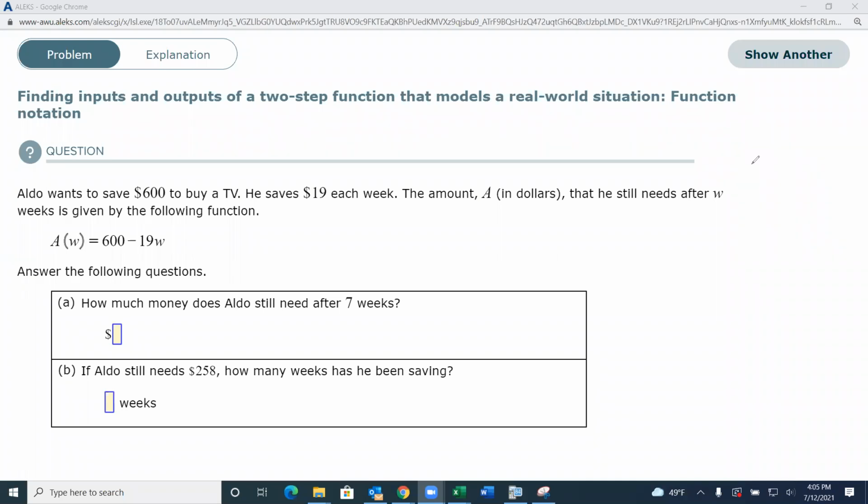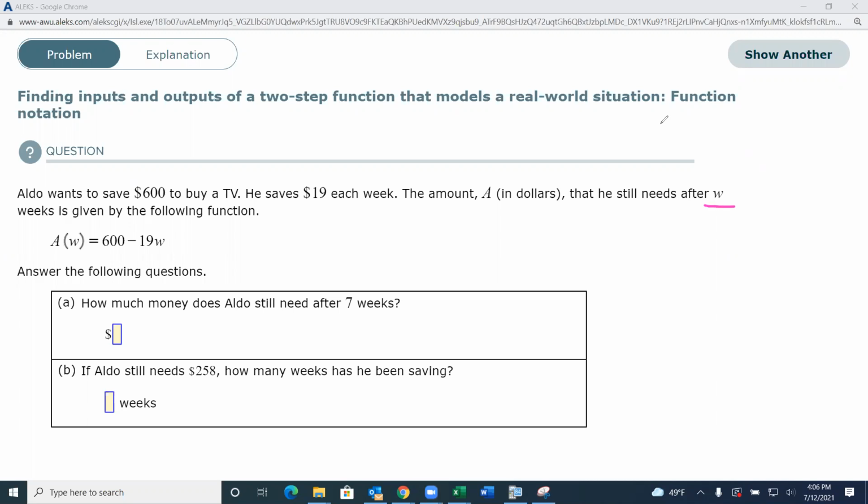All right, Aldo wants to save $600 to buy a TV. He saves $19 every week. The amount A in dollars, A for amount, that he still needs after W weeks is given by the following function. One thing you have to do in word problems is make sure you understand what the variables mean.